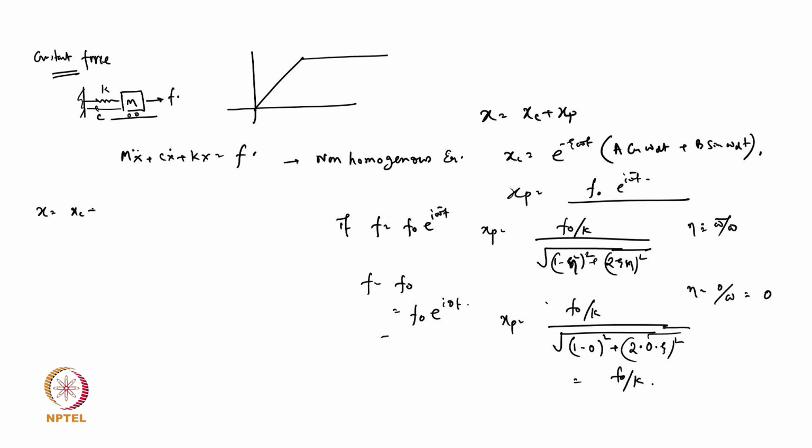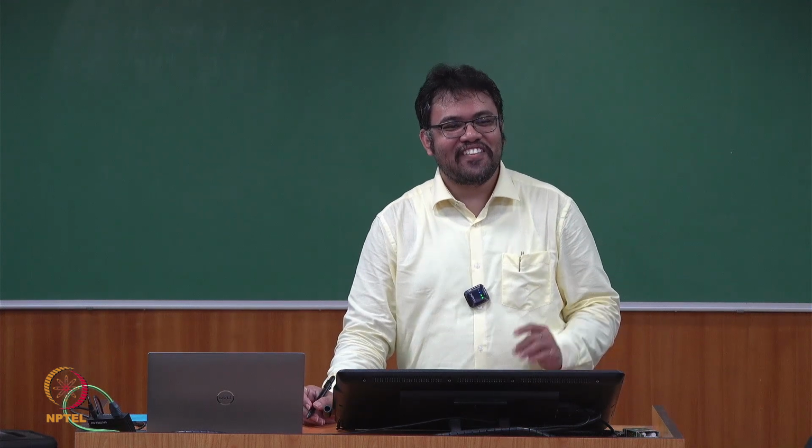x equal to xc plus xp. The solution will be e to the power of minus ζω t (A cos ωd t plus B sin ωd t) plus f0 by k. Okay, how should it look like? Exactly. So you are very correct, but not exactly correct.